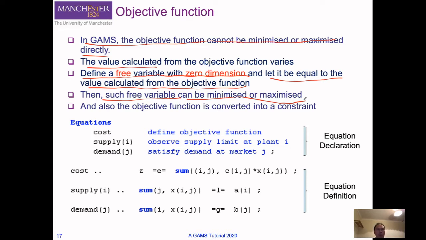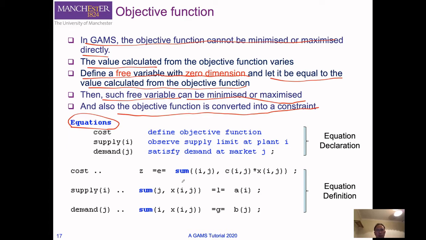As we let a free variable be equal to the object function, then we convert the object function into a constraint. By doing this, we can implement it in GAMS using the keyword equation or equations.